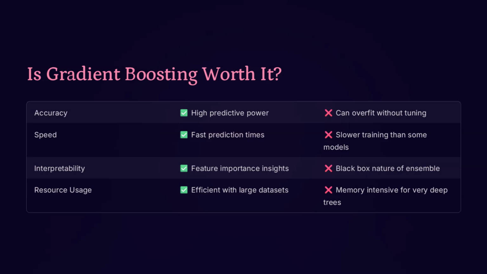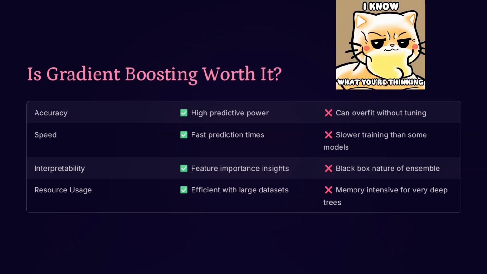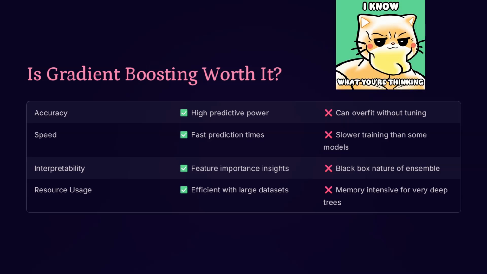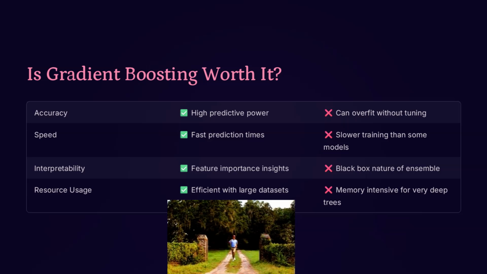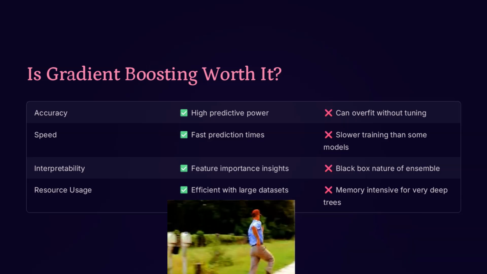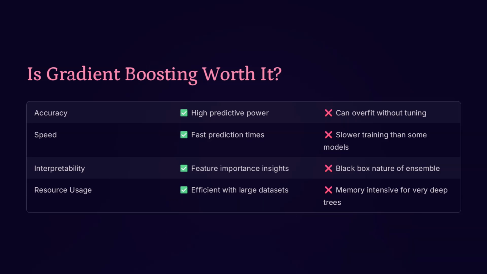So, is gradient boosting worth the hype? Let's break it down. First, accuracy. These models pack serious predictive power, often outperforming other algorithms. But beware, without careful tuning, they can overfit your data. Next, speed. Once trained, they deliver lightning-fast predictions. Just keep in mind, training can be slower compared to simpler models, especially with massive datasets. What about interpretability?